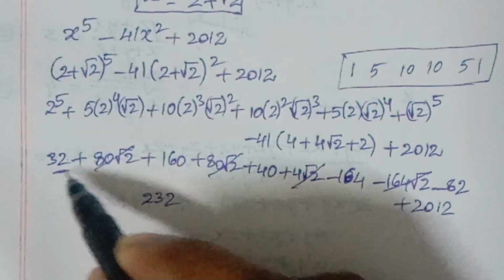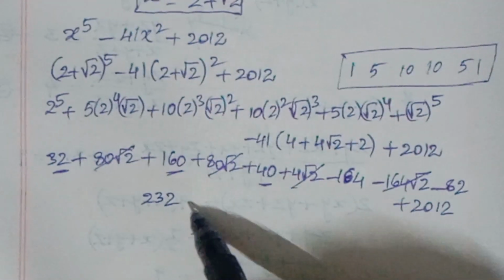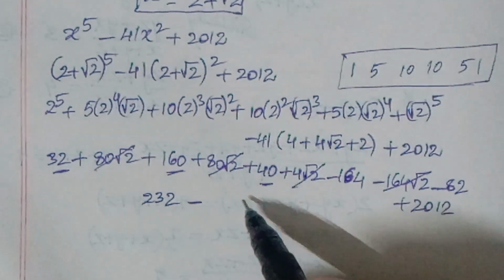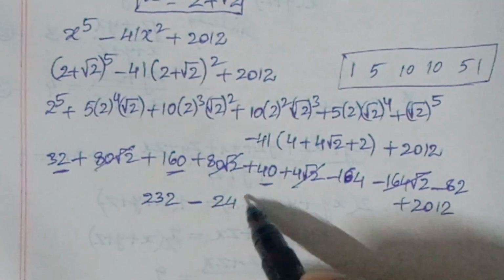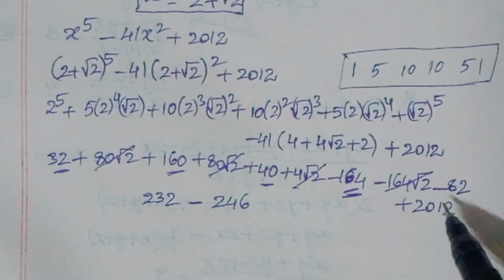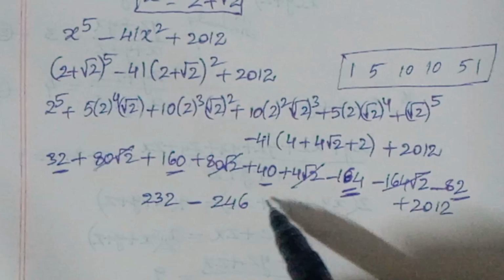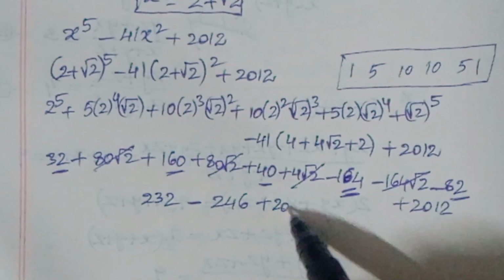Adding all the positive values, we get 232, minus the negative values 246. This is negative and this is negative. 246 plus 2012.